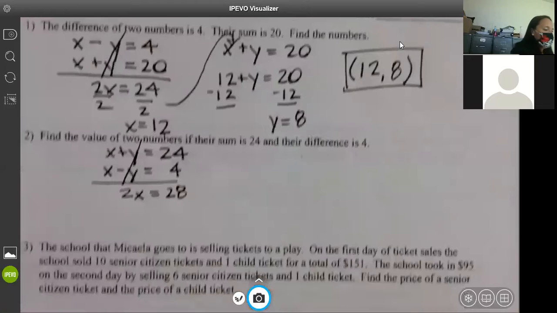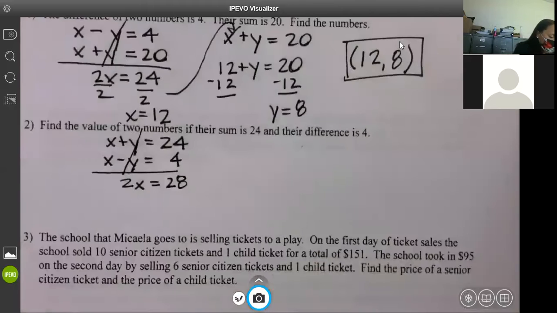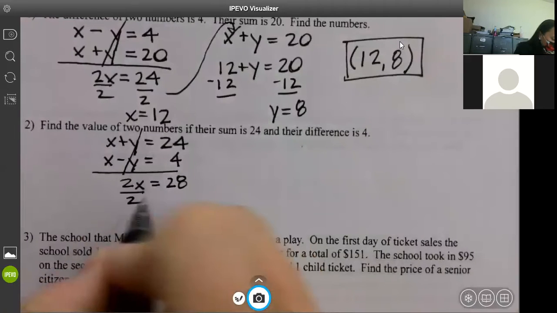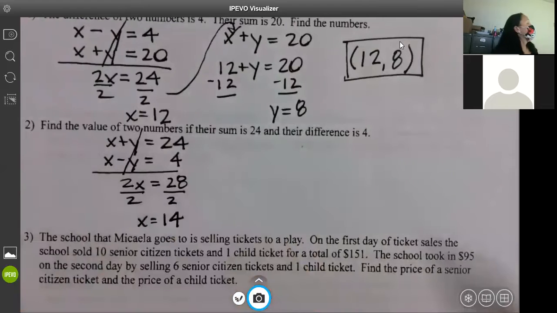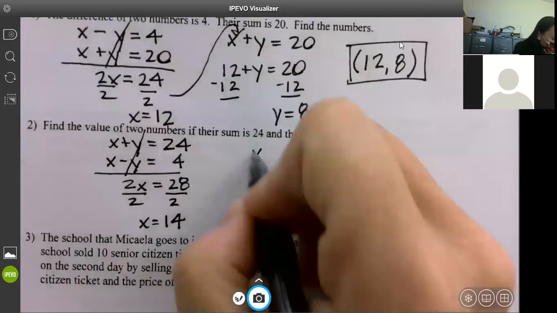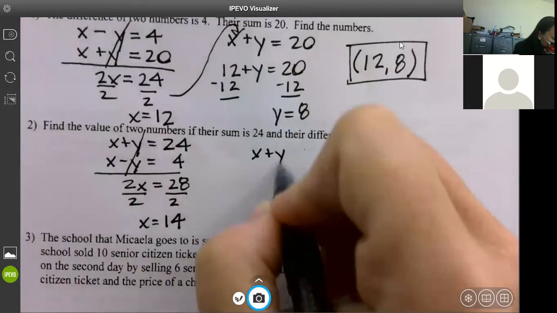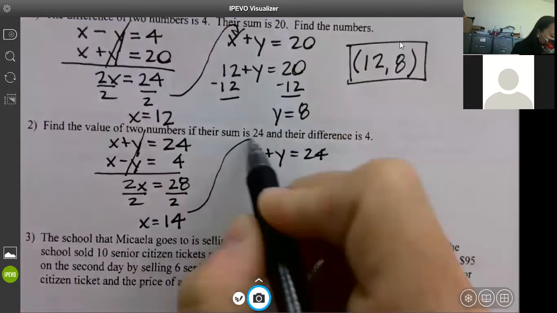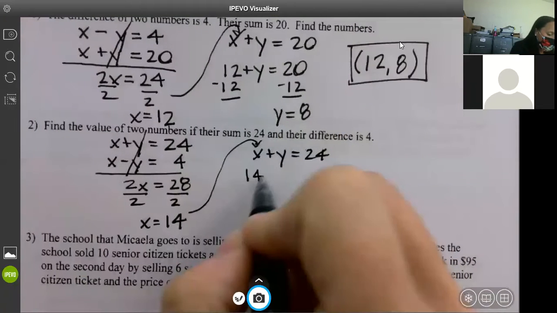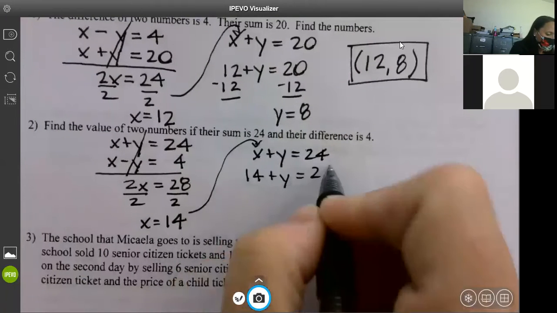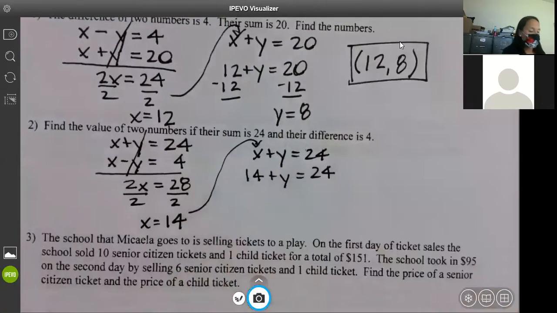How do I finish? And x is 14. Is everybody okay? Pick either equation. I'm going to go with the top one because it's all positive. And plug in 14 for x. So I get 14 plus y equals 24.